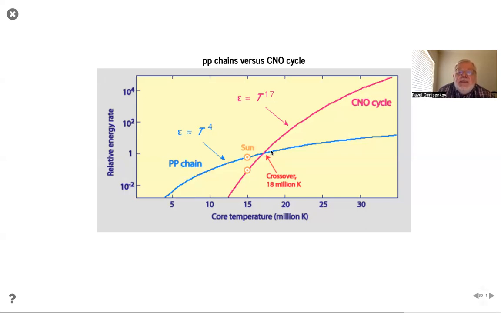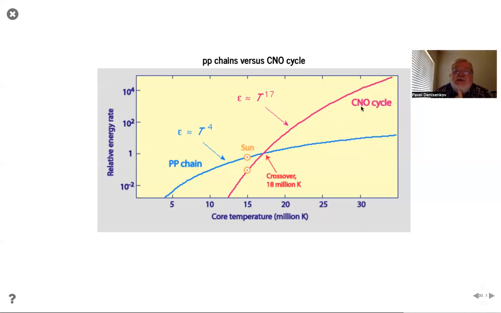While in more massive main sequence stars with central temperature above around 17-18 million Kelvin, which corresponds to initial mass above around 1.2, 1.3 solar masses, the energy production in the CNO cycle becomes dominant. So in these stars, hydrogen burning occurs predominantly via the CNO cycle.